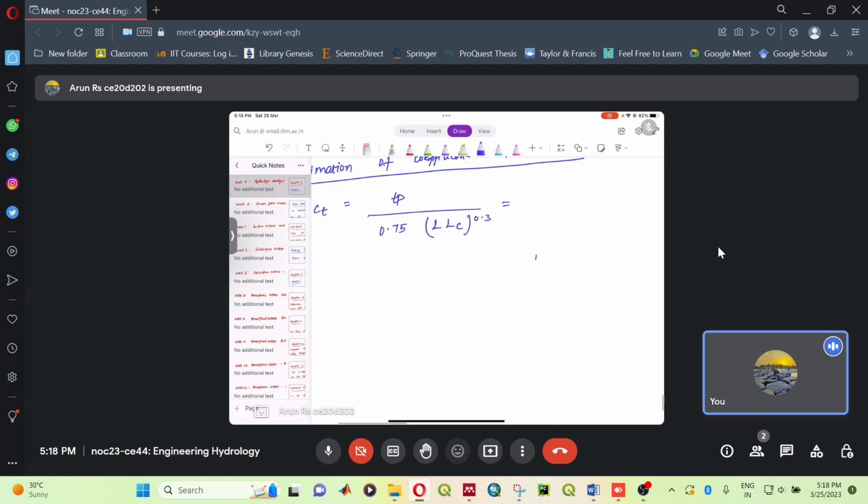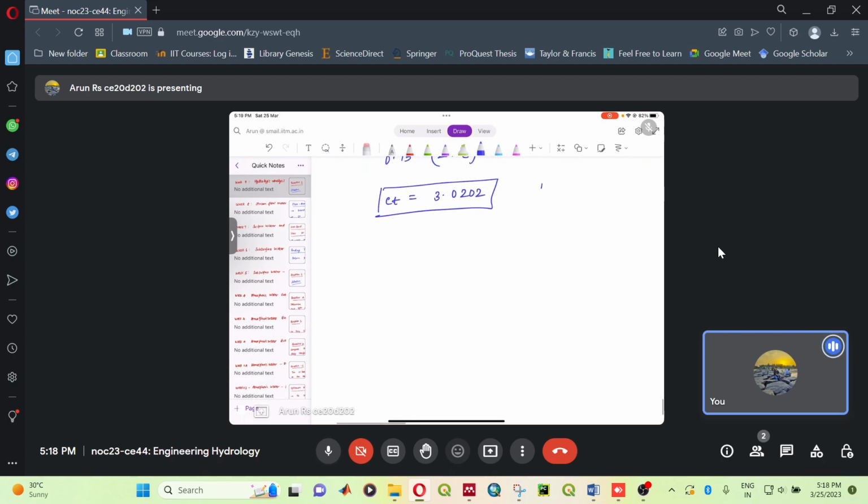So if we substitute the values, 37.19 divided by 148 into 76 to the power 0.3, we have CT is equal to 3.0202. So this is the first parameter.